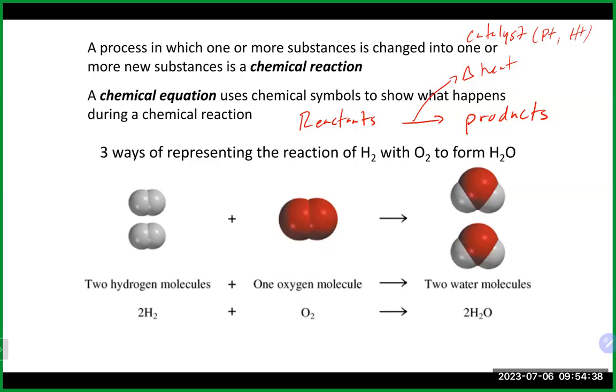Catalysts are not reactants. They are not products. They do not get used up in a chemical reaction. They're there just to facilitate that reaction occurring, in most cases, quicker. So it allows sort of an alternative pathway for those reactants to come together. And in most cases, it will usually result in the reaction speeding up in terms of how fast it occurs.